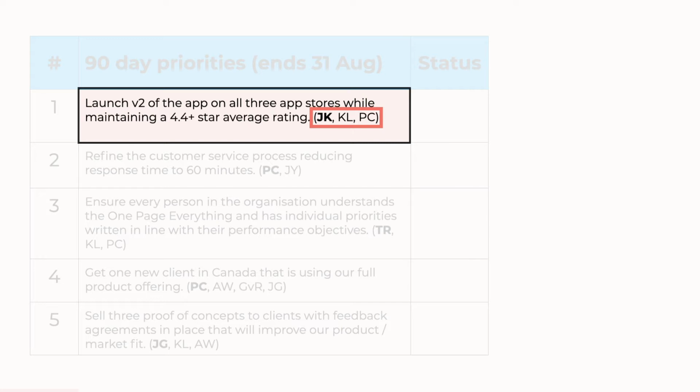Often these priorities, particularly at the senior parts in the organization, are going to need support from people from many other places. So you don't necessarily need to write everybody's name. If these are at the top level team or the Exco team's priorities, you'd limit the names to only members of the Exco team, who will typically be the ones who are tracking these priorities.